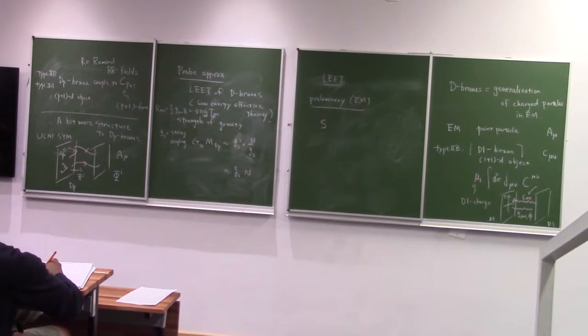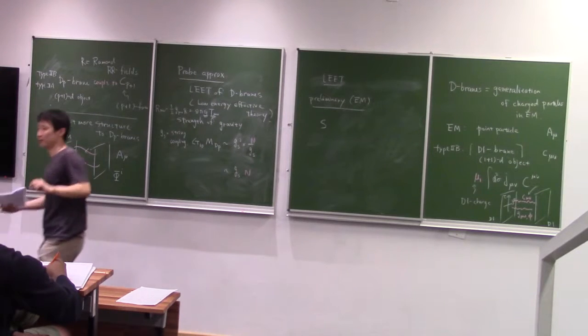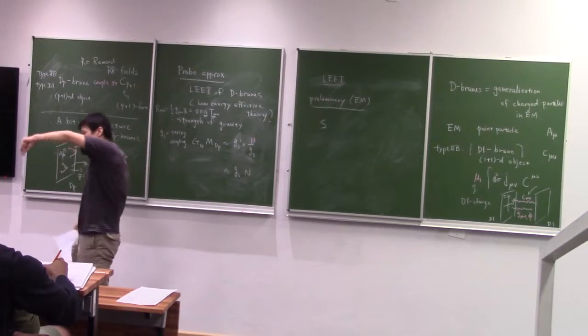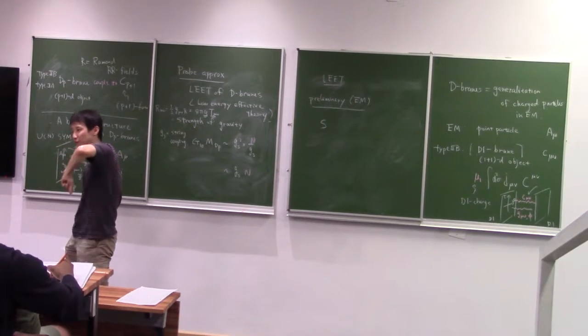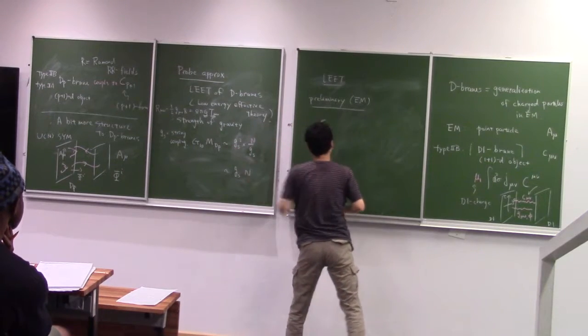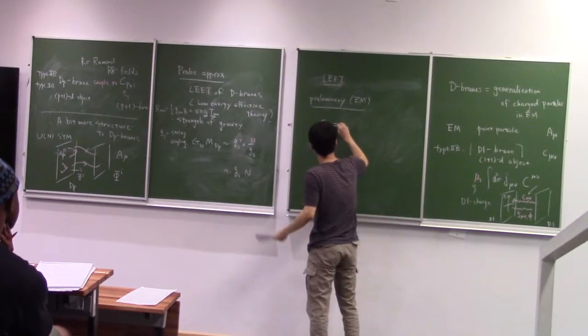In electromagnetism, you throw a charge into space-time, and then you study the motion of charges. That's the probe approximation. You have some fixed electromagnetic field, and then you consider the motion of charged particles. That's the probe approximation you consider here too.